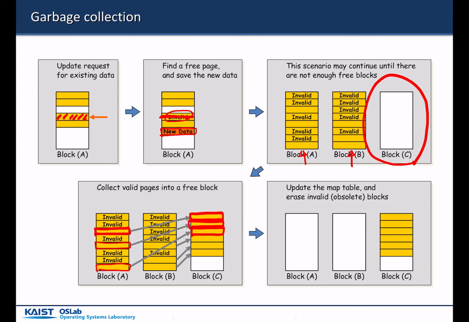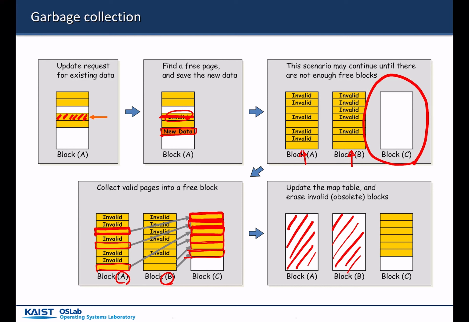Also, there are 3 valid pages in block B. So the valid pages in block B also get migrated to block C. 1, 2, and 3. As a result, all the valid pages from block A and block B have been migrated to block C. After doing that, you erase those 2 blocks. So as a result of garbage collection, you freed 2 blocks and you used up 1 block. So this is garbage collection.